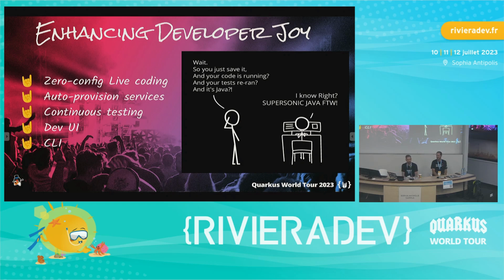There's a lot of work that goes into Quarkus to make working with Java a lot more fun. The traditional way of developing with Java, where you have to recompile and redeploy to see your changes, and then you make a change and you need to recompile, blah, blah, blah.